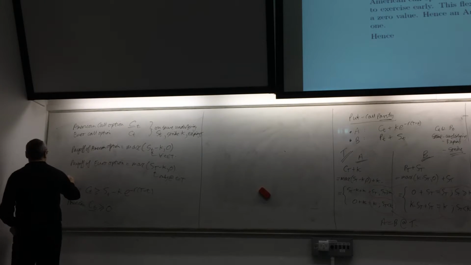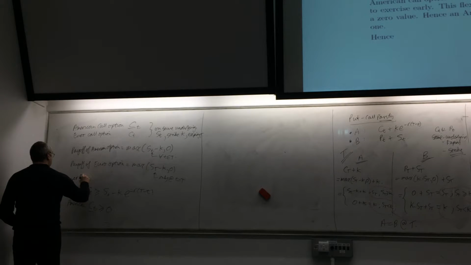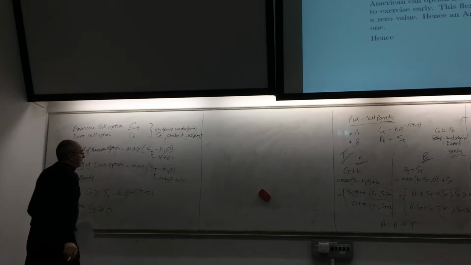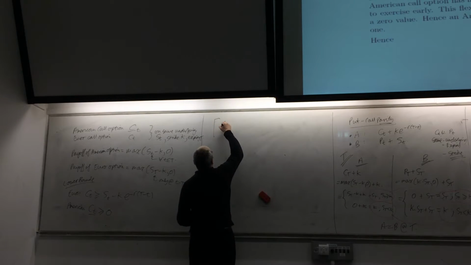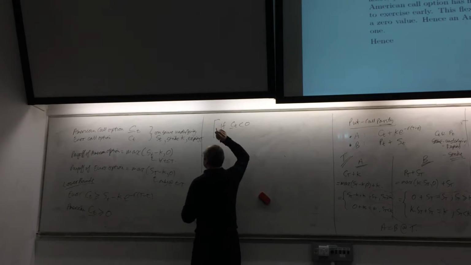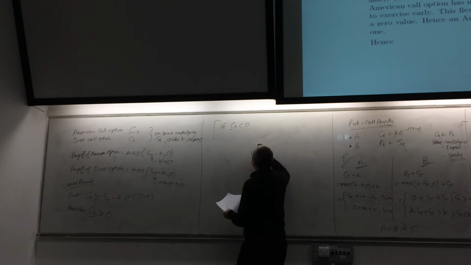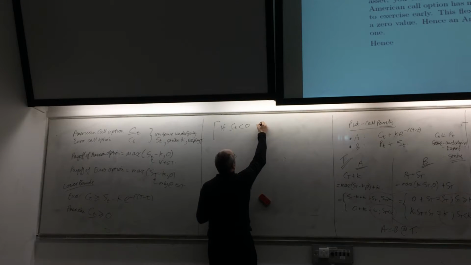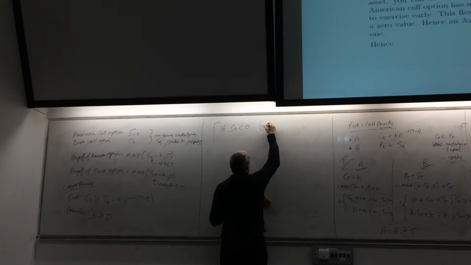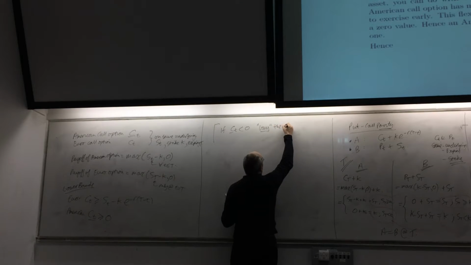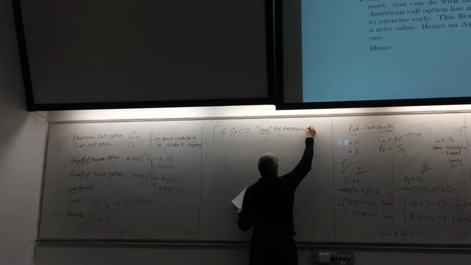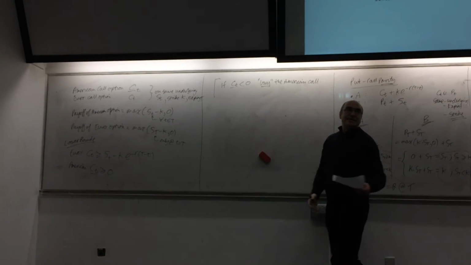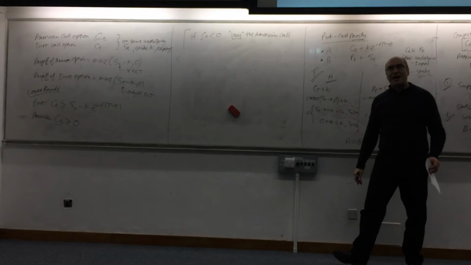So these are the lower bounds. Why? Because if C_t were less than 0, what would we do? Well, we would buy the American call. In other words, if it's negative, someone would have to pay us to have it.